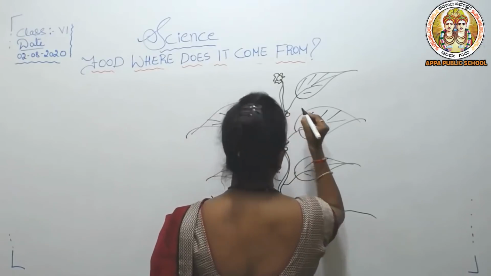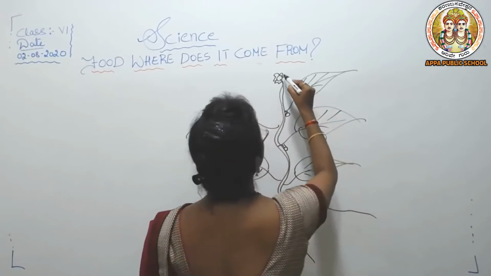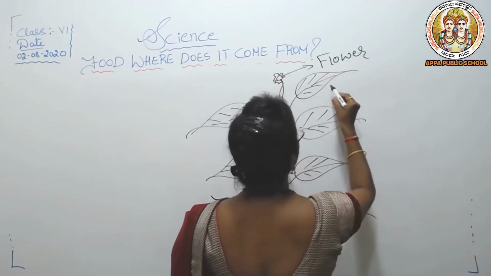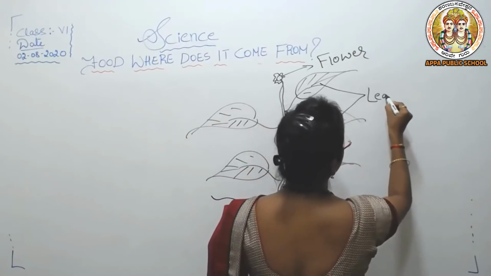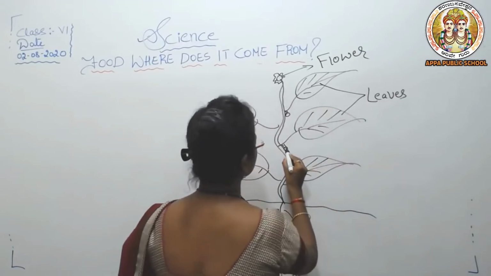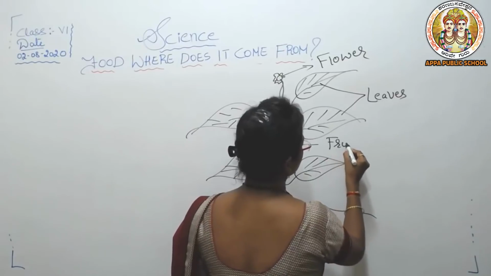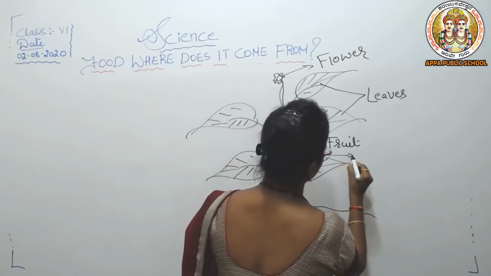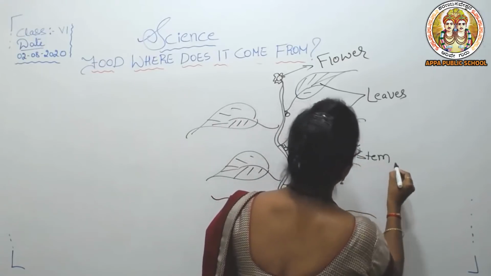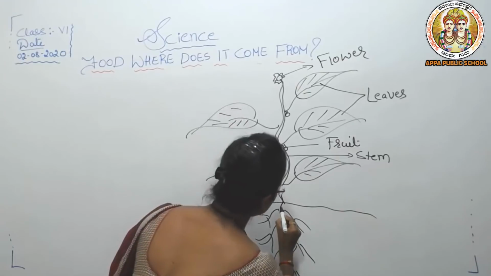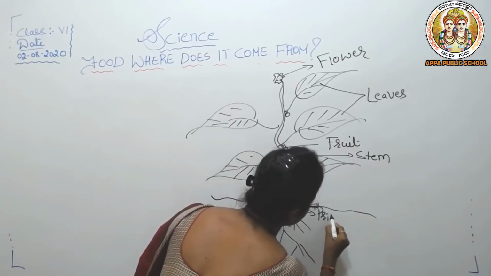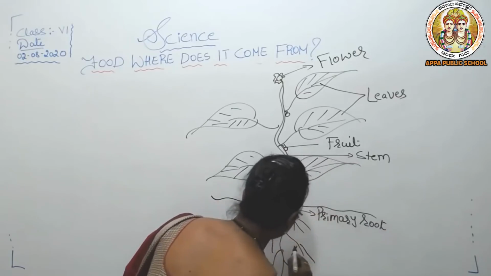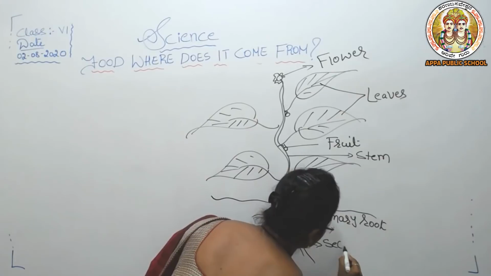Now let me tell you the parts. Here, can you see this? This is the flower, leaves, fruit, stem, and here the main root, that is the primary root, and the secondary root.